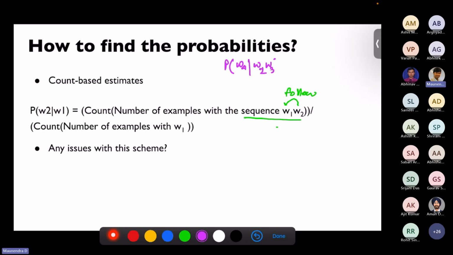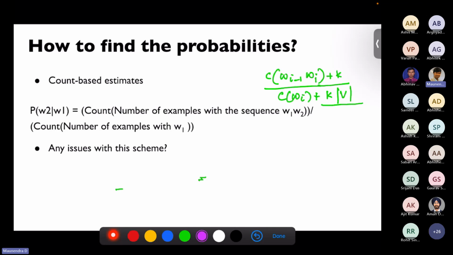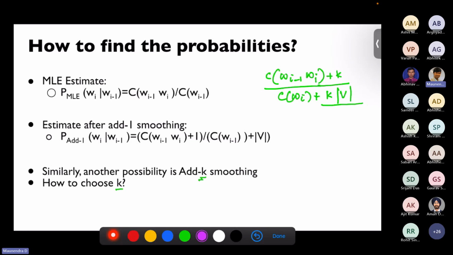Suppose the W2 W3 combination was never seen, then that problem will occur. One way to deal with it is smoothing, such as add-one smoothing: you add 1 to the numerator and accordingly adjust the denominator.